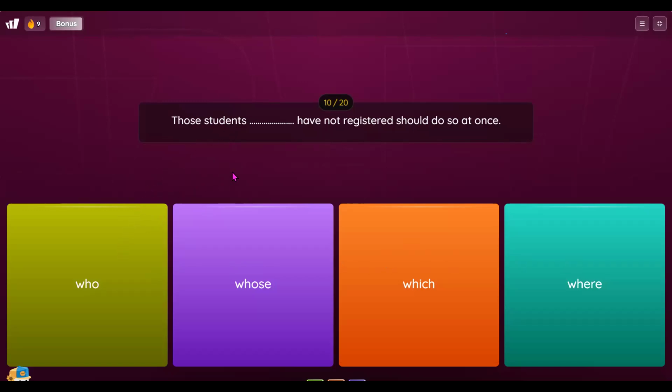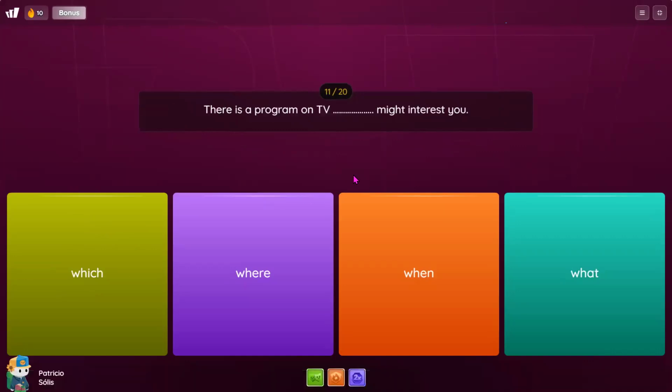Whose? Here there is no possession. Only students. Those students who have not registered should do so at once. Next, my dear Elena. Please.